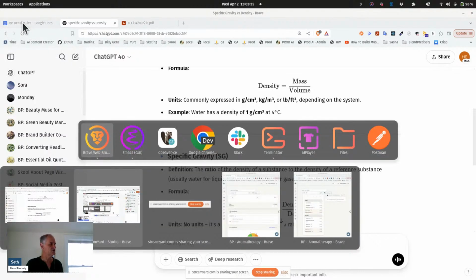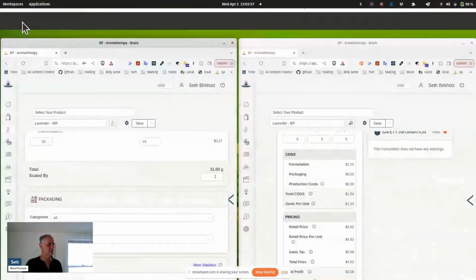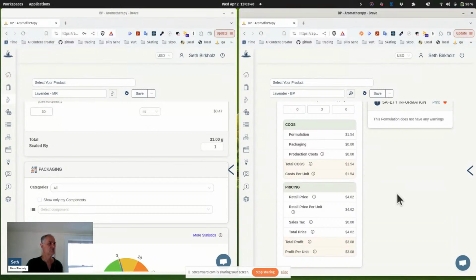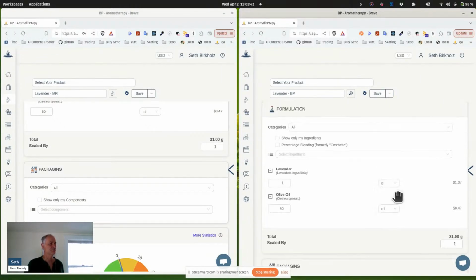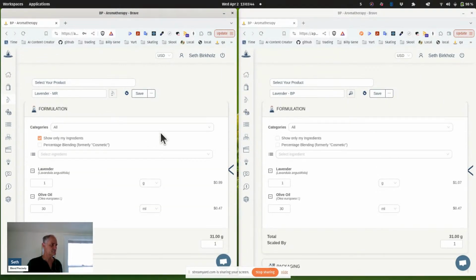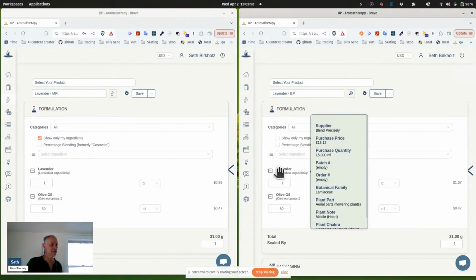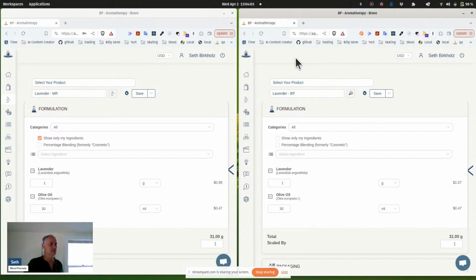I wanted to show you a comparison between two bits of inventory here. Both are lavender. One is from our backend, our generic Blend Precisely inventory, which I've copied over into my own personal one for this account.